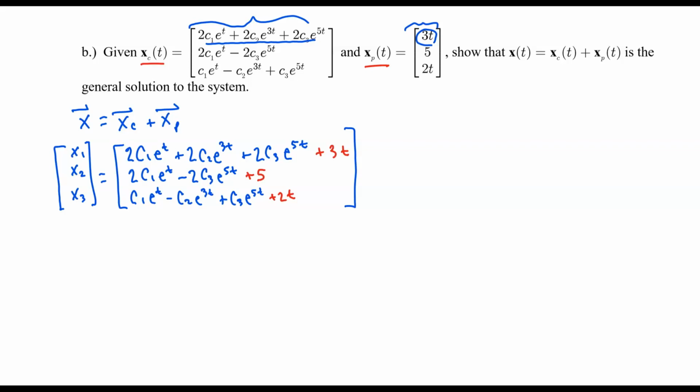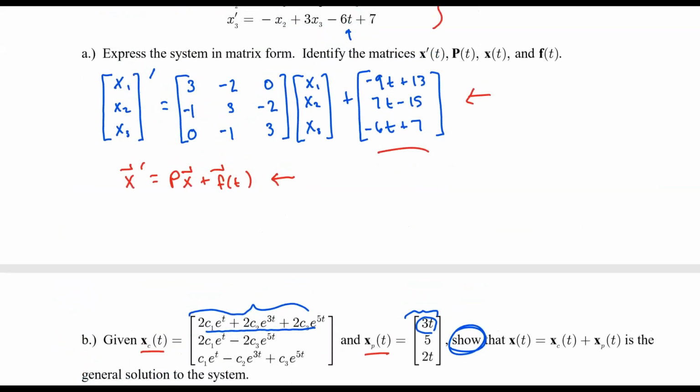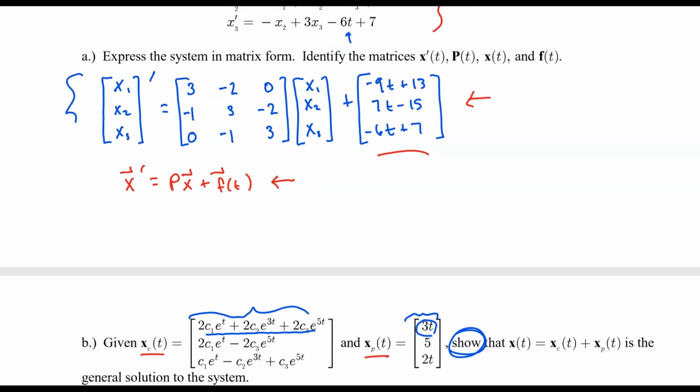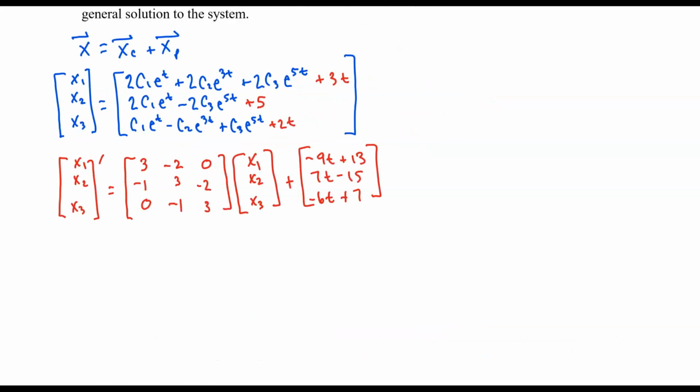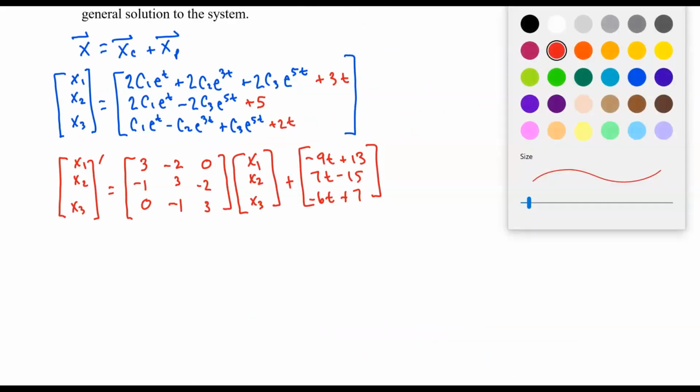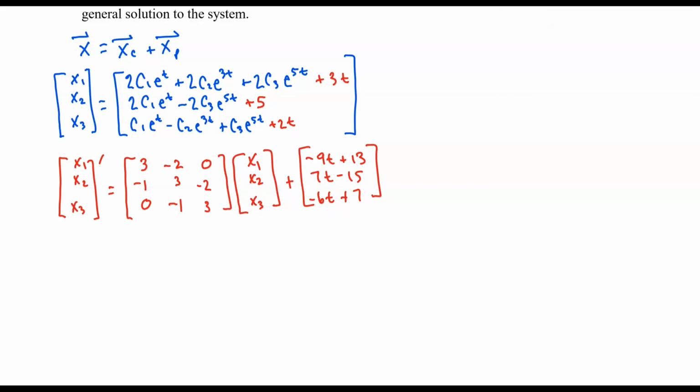Now we have to verify that this is the solution to the system. So we want to show that it solves our matrix equation that we have written up here. So I'm going to rewrite this equation down below so I can have it for reference. There we go. Now let's test for balance. So I'm going to take our solution and plug it into our matrix equation.